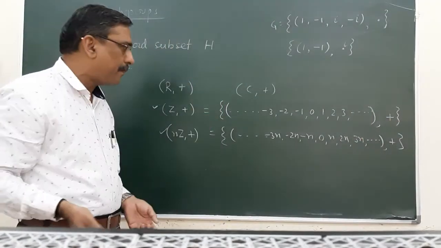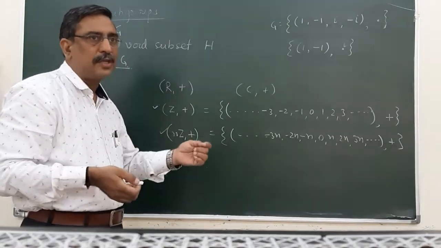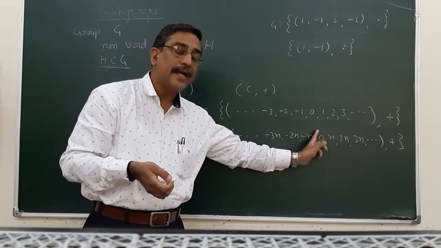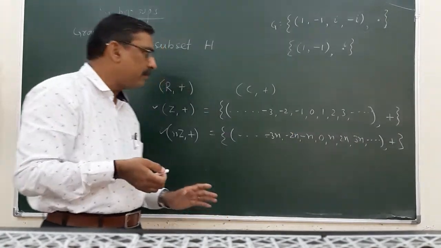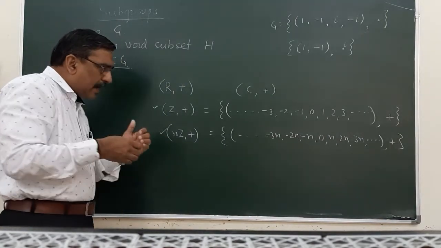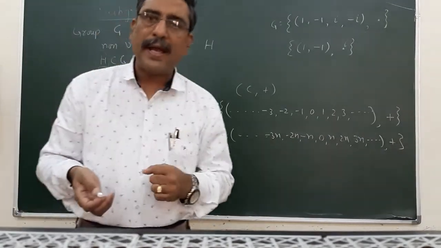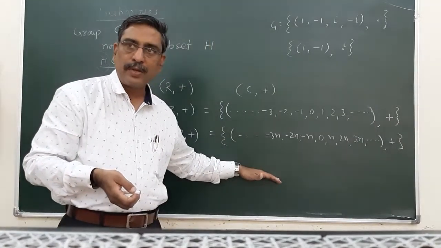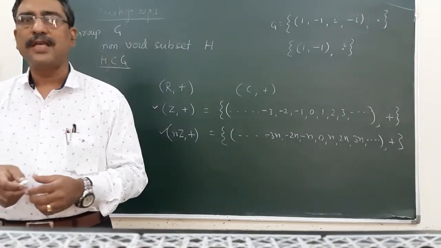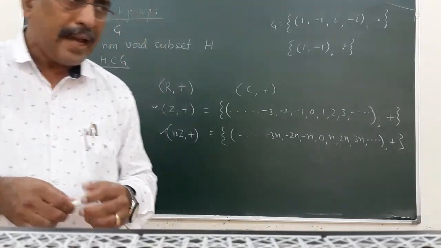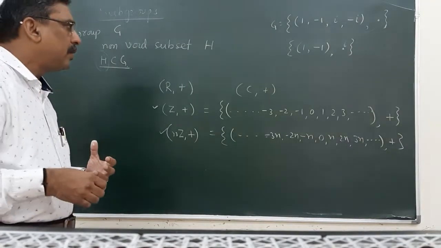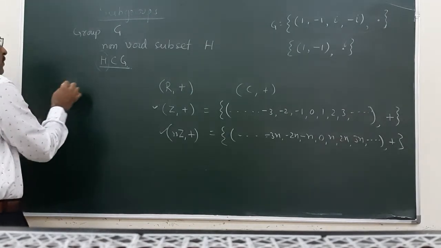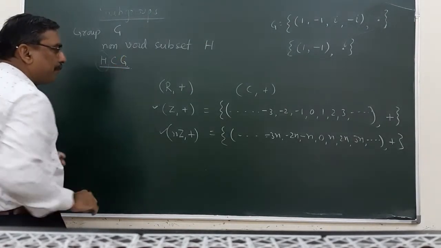This is again a group, whose elements are the even numbers along with 0, the additive identity. If I take n as 3, then we get another subgroup. In this way a group may have a number of subgroups.